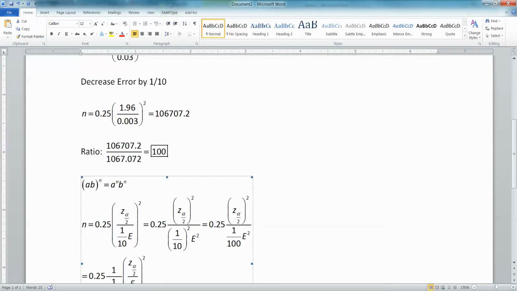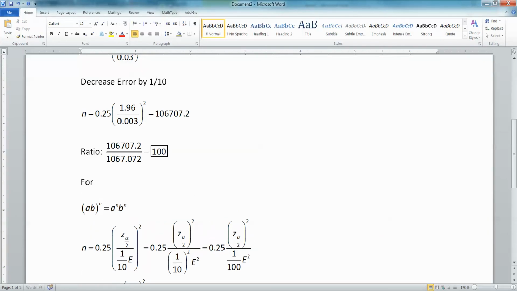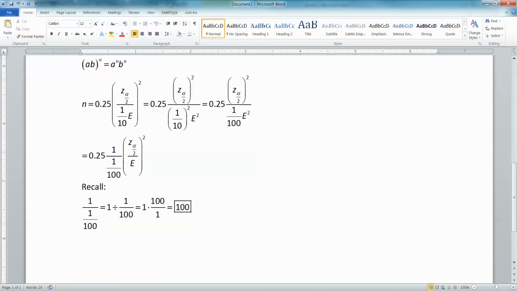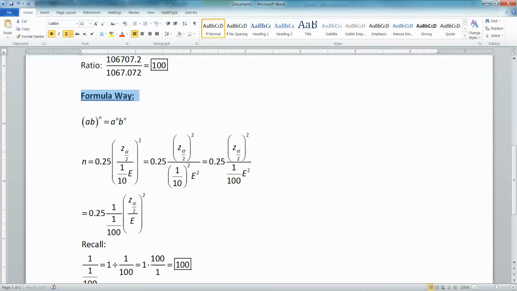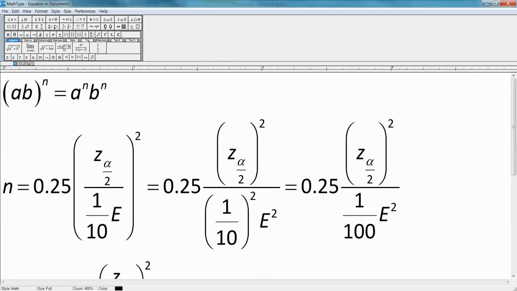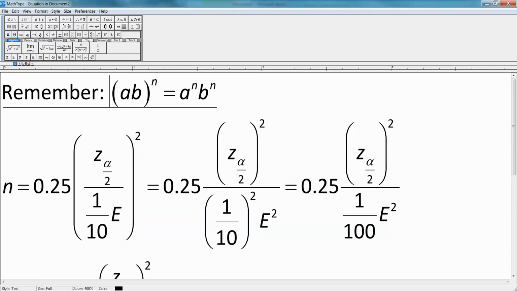So that's the more formal way, and that's the way they're trying to show you, the formula way. You've got to remember that from back in the day.